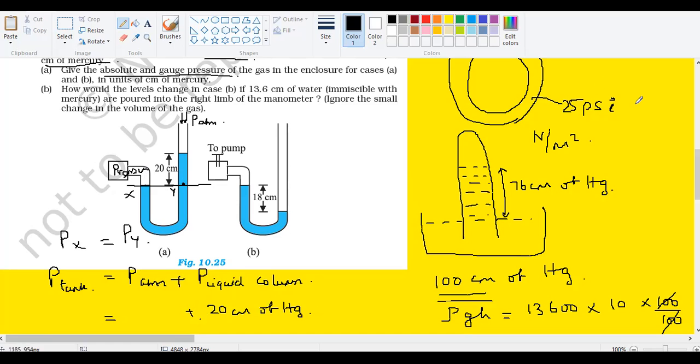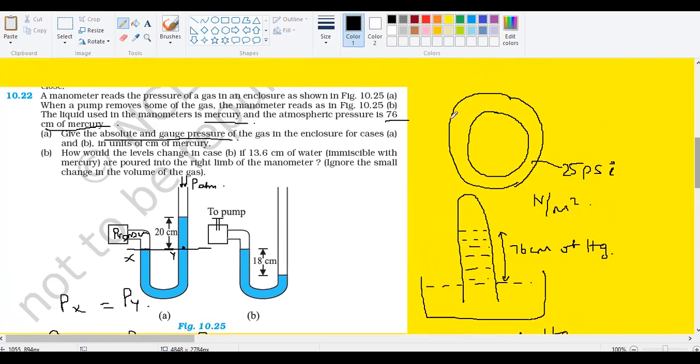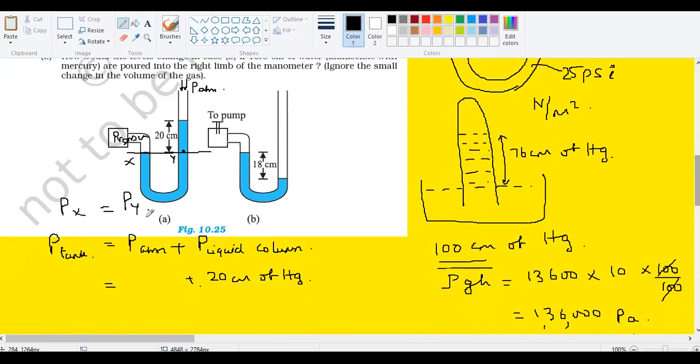Atmosphere, they said, is equivalent to 76 centimeter of mercury, which we studied in our theory also. So atmospheric pressure is 76 centimeter of mercury. That means the tank pressure is nothing but 96 centimeter of mercury.